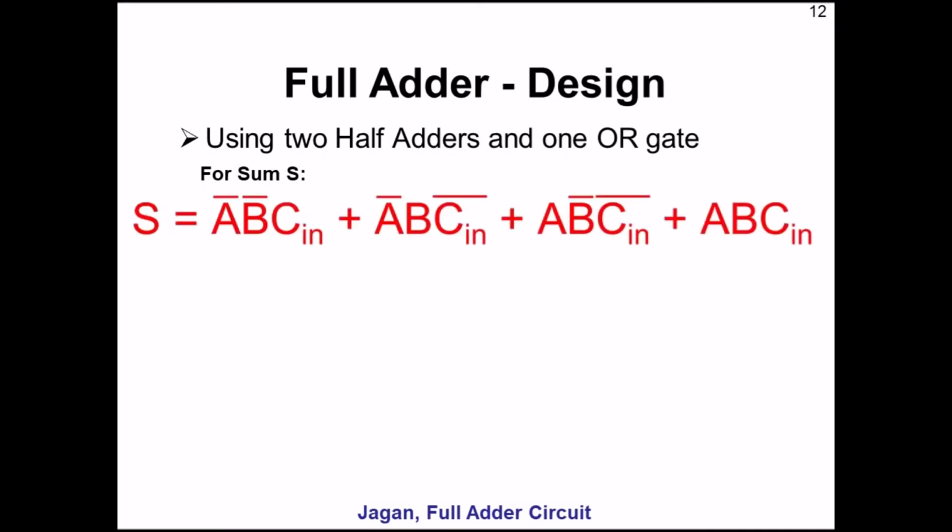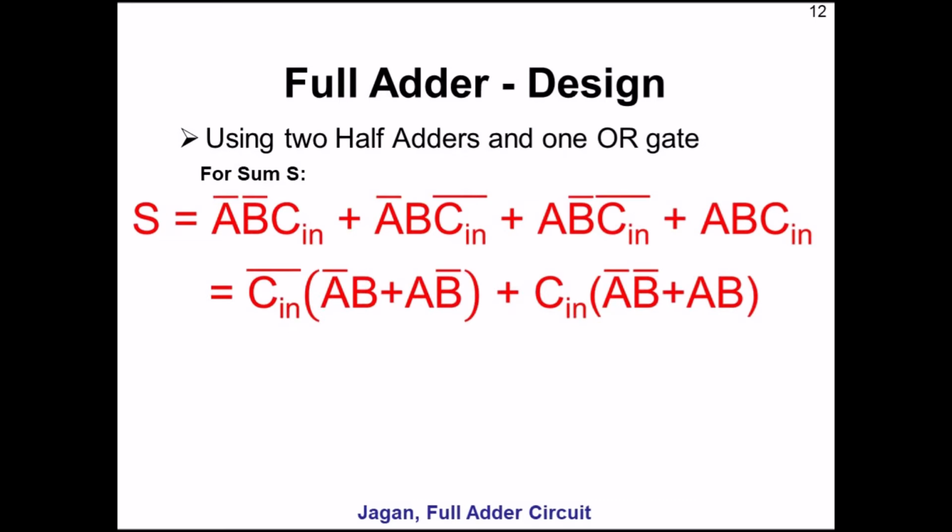Let's see this. This is my expression that I got from sum of product form, right? So how do I simplify this? Okay, so if you see here I can take C in bar as common, so I will be getting A bar B plus A B bar, and here if I take C in as common, C in A B bar plus A B, right?